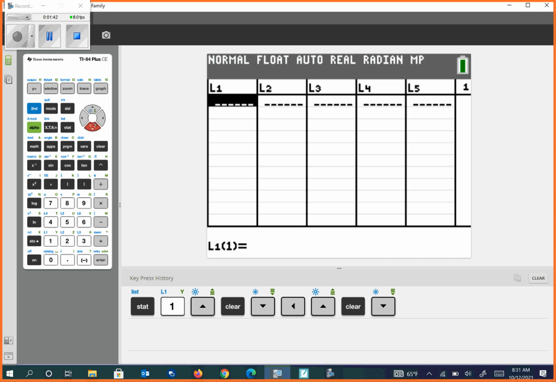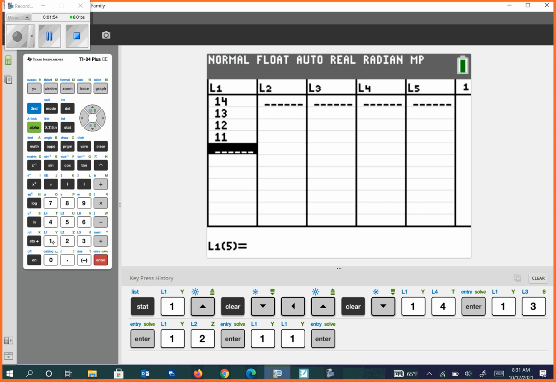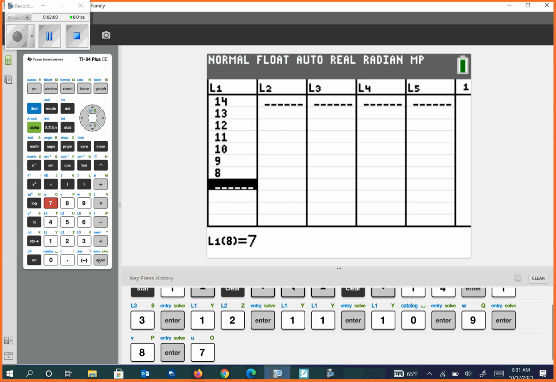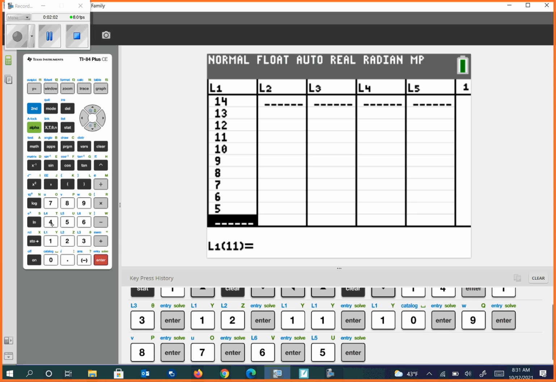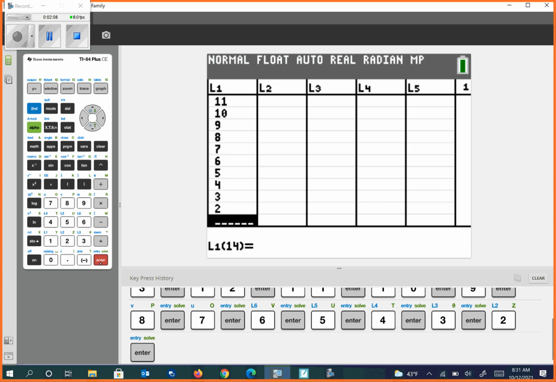I'm just going to use 14, 13, 12, 11 on the x-axis, or list 1. So 14, 13, 12, 11, 10, 9, 8, 7, 6, 5, 4, 3, and 2002. Okay, does that make sense how I just plugged it in?